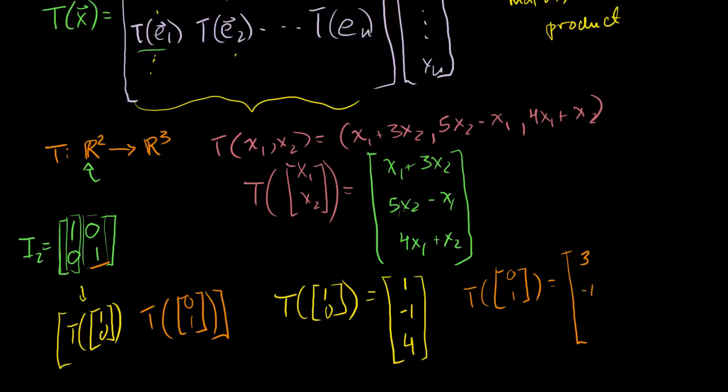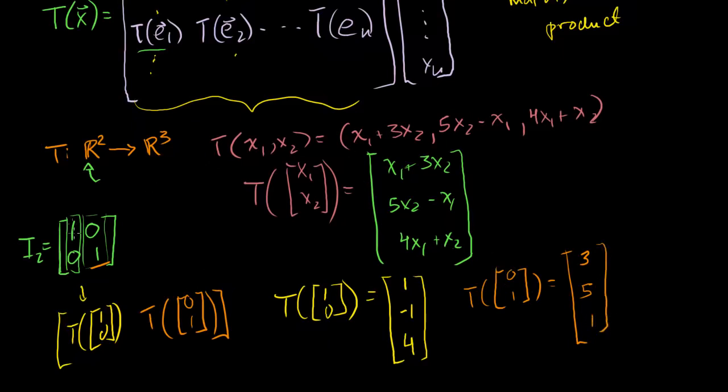This was 5 times x1 minus x2. I have to be careful: x1 is 0 and x2 is 1, so it's 5 times 0 minus 1... no wait, it's 5 times x2 minus... Let me redo this: x2 is 1, so 5 times 1 minus 0. So it's 5. And then I have 4 times 0 plus x2, which is 1.